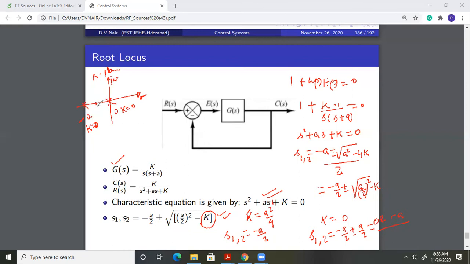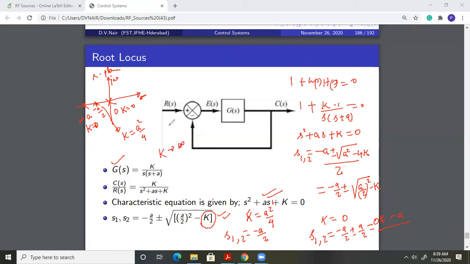So somewhere here is, let us say, minus a by 2. So we have multiple roots at minus a by 2 when k is equal to a square by 4. As k has increased, the two roots have moved from their earlier positions when k was 0, to somewhere in between, the middle at minus a by 2, when k has increased from 0 to a square by 4.